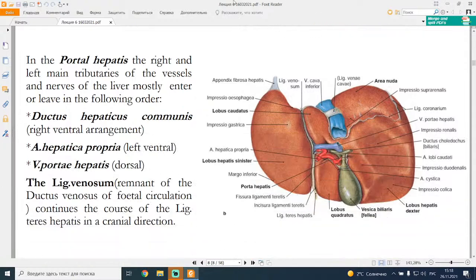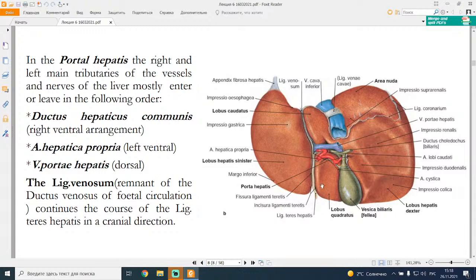In the porta hepatis, the right and left main tributaries, all the vessels and nerves of the liver mostly enter or leave in the following order.